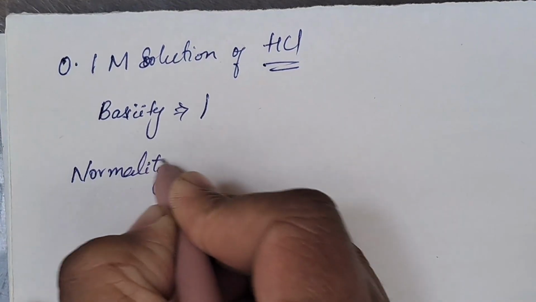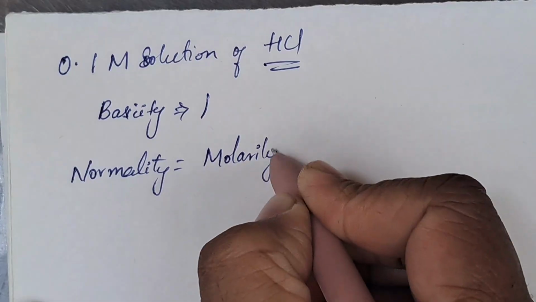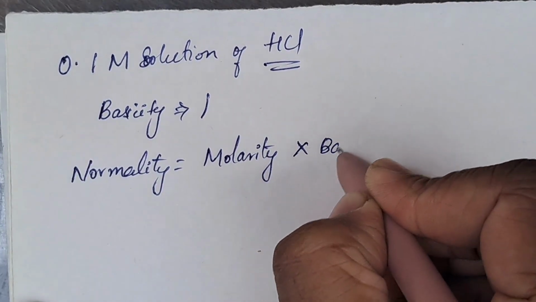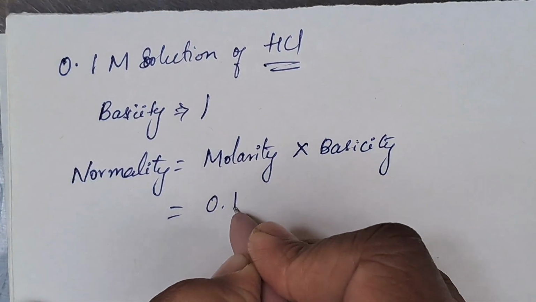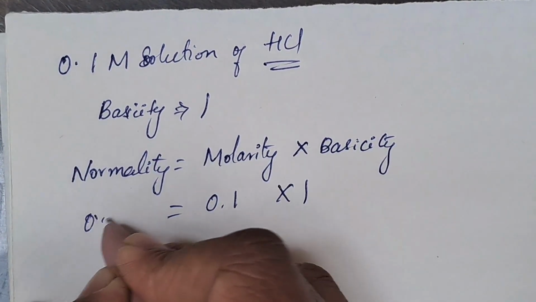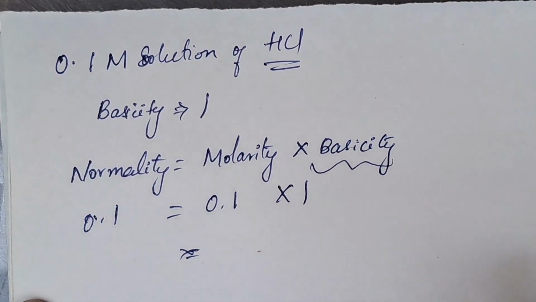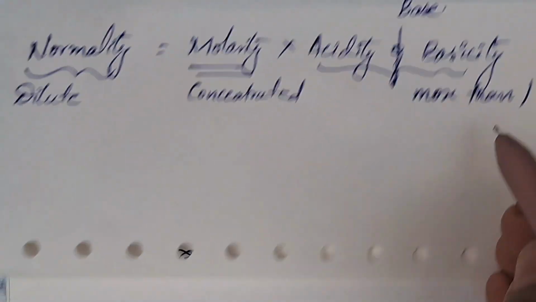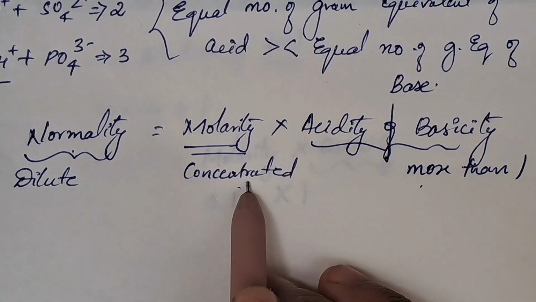Normality we don't know, we have to find out. We know the molarity, and we have the formula: normality equals molarity into basicity of the acid. So molarity is 0.1, basicity is 1, so the normality will also be 0.1. That's why I said if the basicity or acidity is 1, then the normality will be equal to molarity.